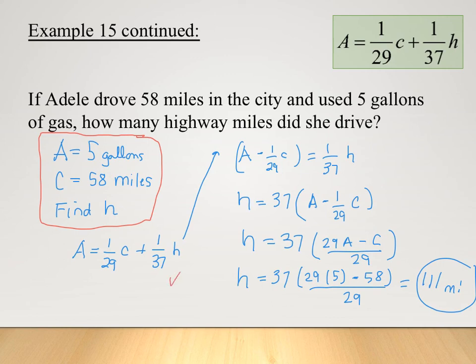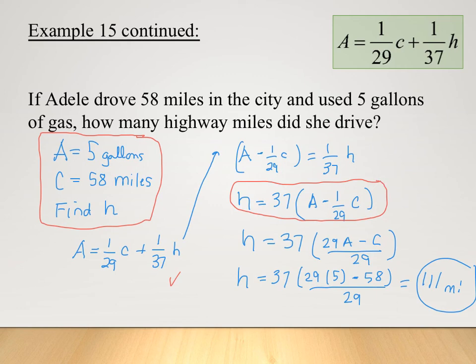And now we're going to solve for H initially. So to solve for H, we move the 1 over 29C to the left-hand side of the equation. And then we multiply through by 37, and we end up with H is equal to this particular equation.